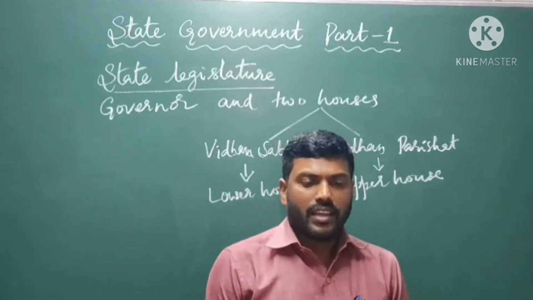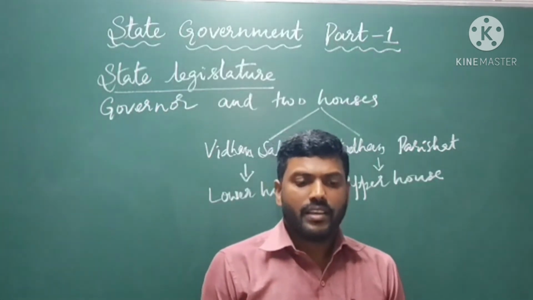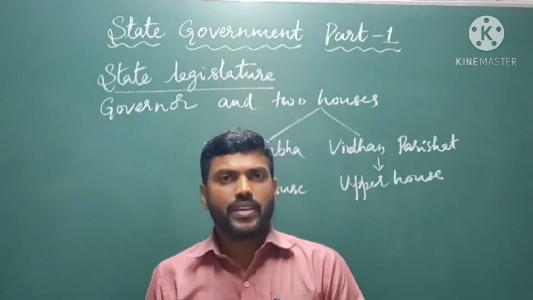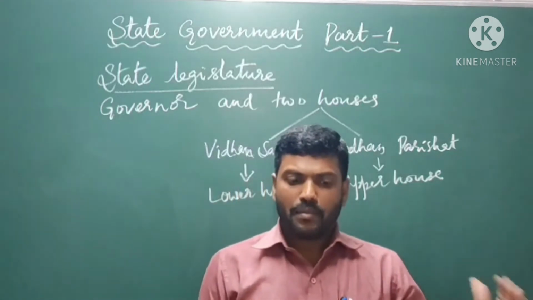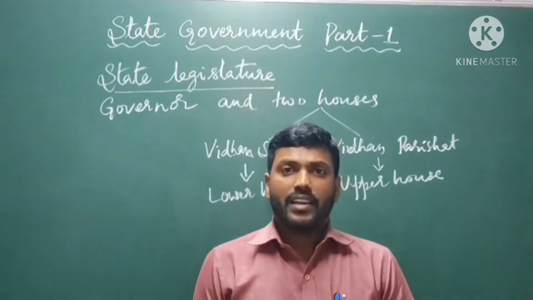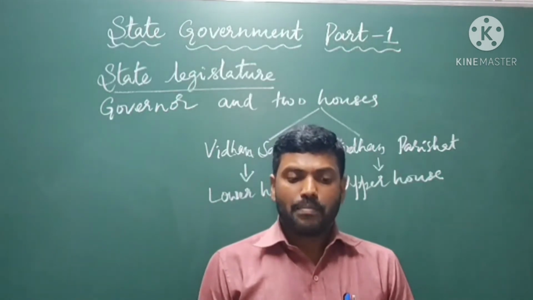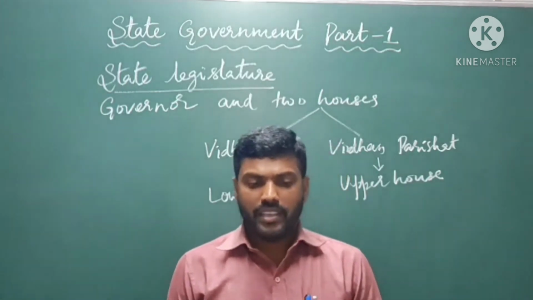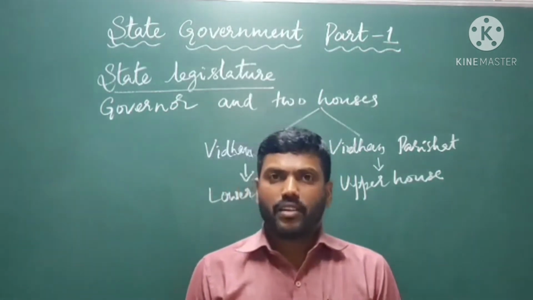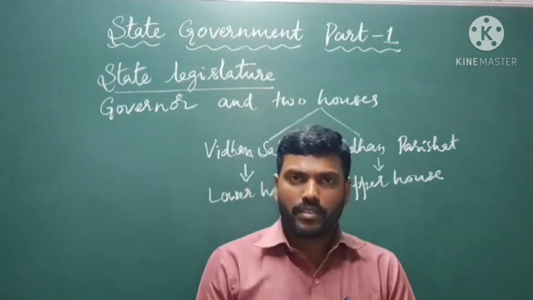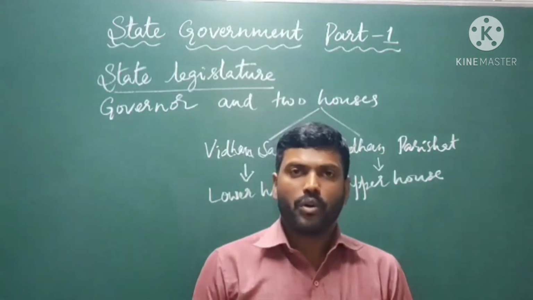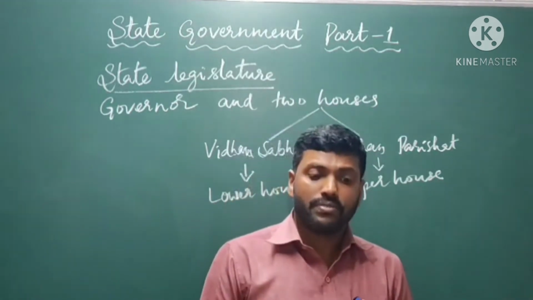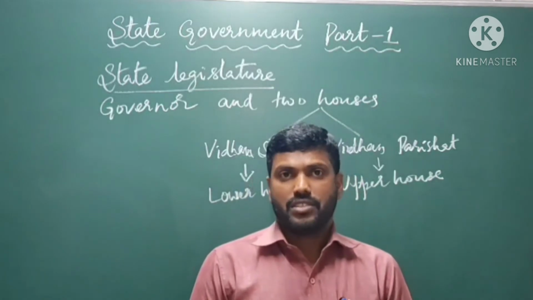Next, the legislative assembly is the representative of the people. The legislative assembly of Karnataka state and other states is the representative of the people, and the legislative council is the representative from various fields.